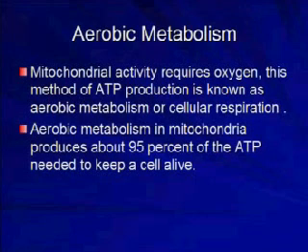Aerobic metabolism in the mitochondria produces 95% of the ATP needed to keep the cell alive. Now that's a key point. 95% of the ATP needed to keep the cell alive is produced in aerobic metabolism in the mitochondria. The other 5%, which we won't go into detail about right now, is produced by anaerobic metabolism, which is in the absence of oxygen.